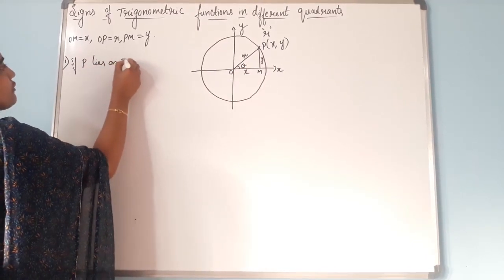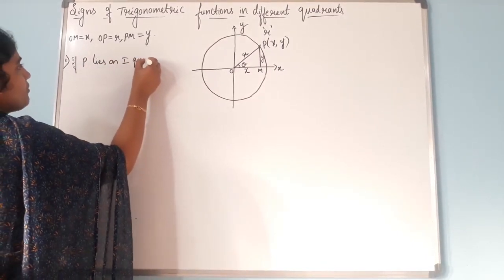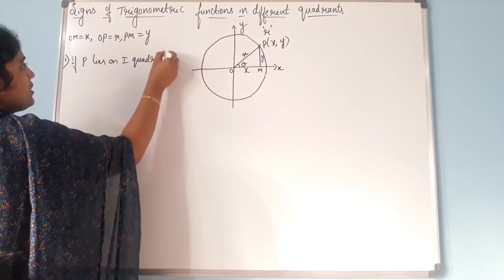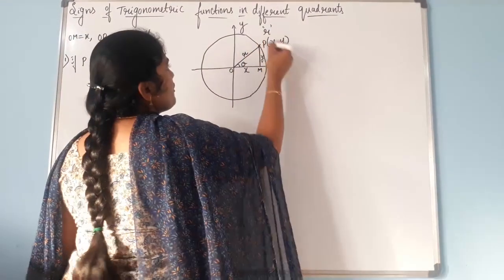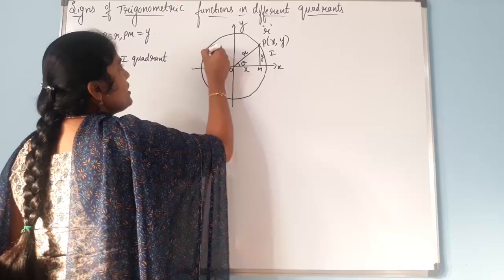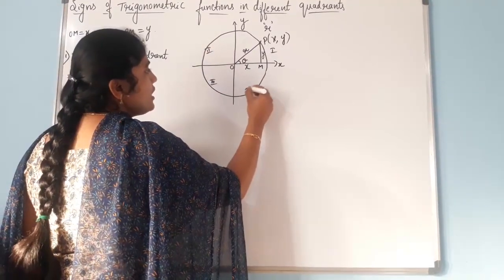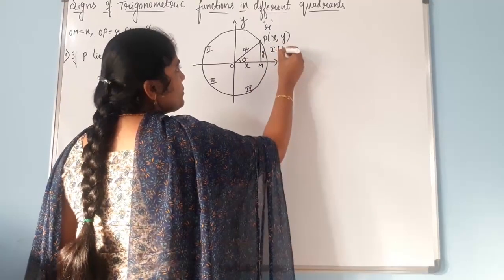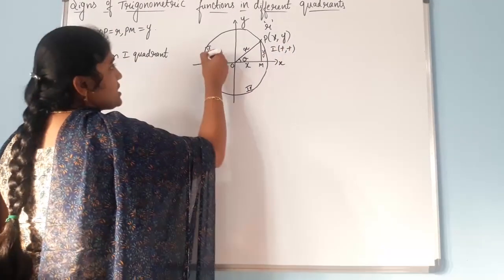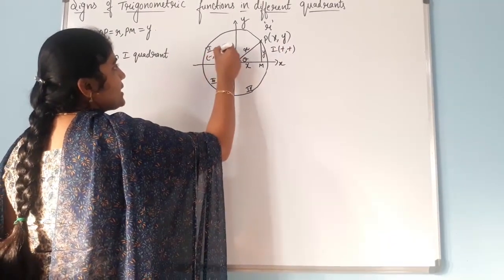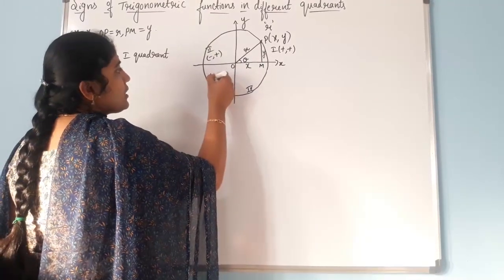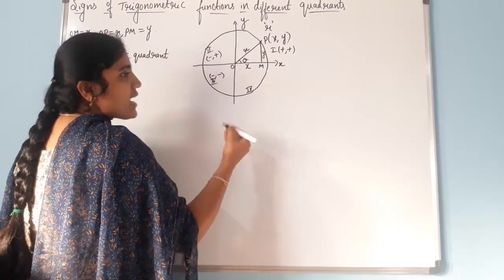See here, firstly, if P lies on the first quadrant, we know that this is the first quadrant, this is the second quadrant, this is the third quadrant, and this is the fourth quadrant. In the first quadrant, both x and y are positive. In the second quadrant, x is negative, y is positive. In the third quadrant, both x and y are negative.